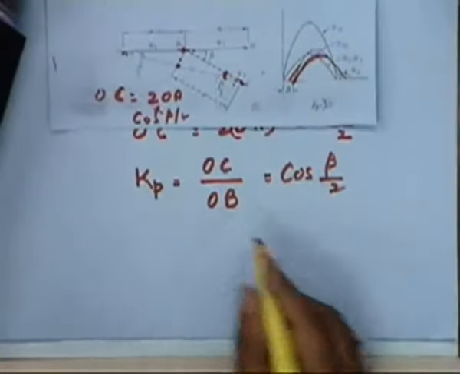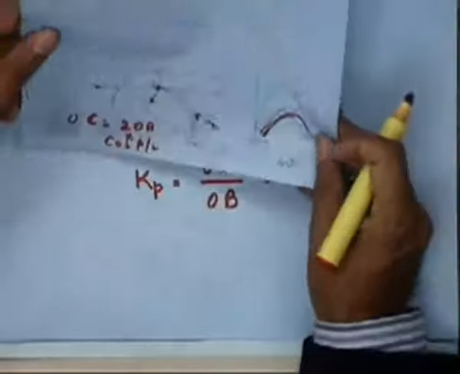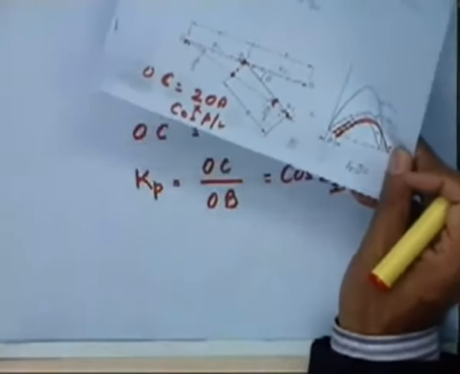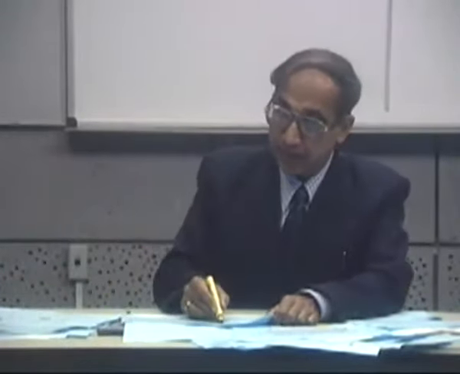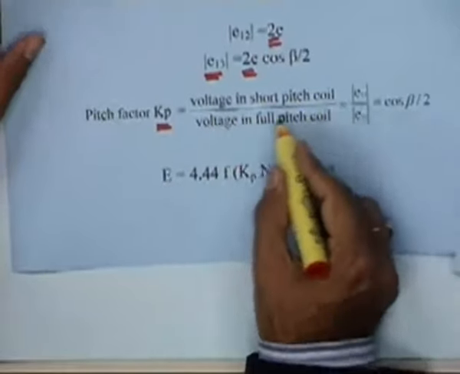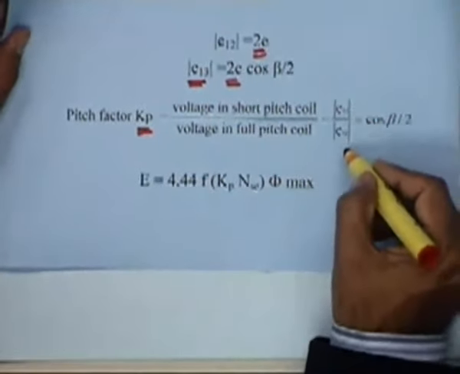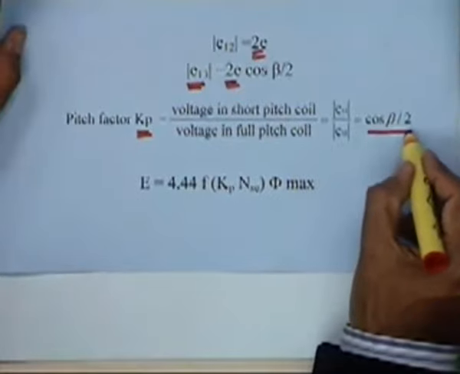We call this a pitch factor, the ratio of voltage induced in short pitch to that in a full pitch winding. So Kp is the voltage in short pitch coil to voltage in full pitch coil, that is E13 by E12, which is cos beta by 2.